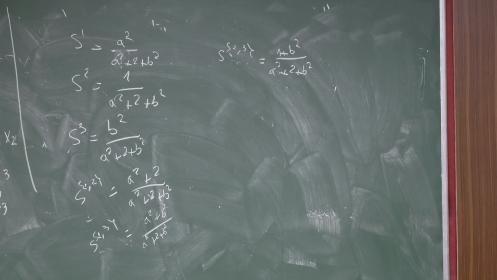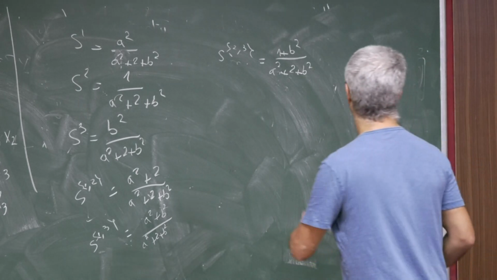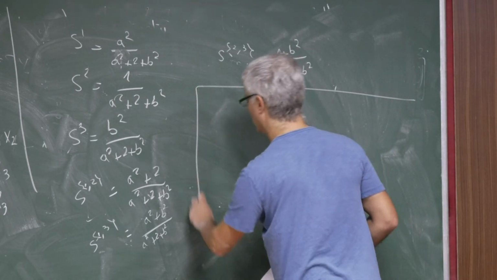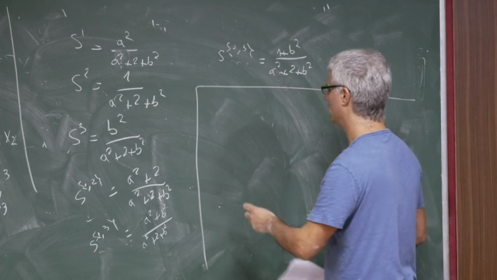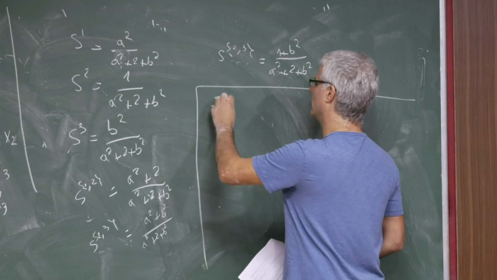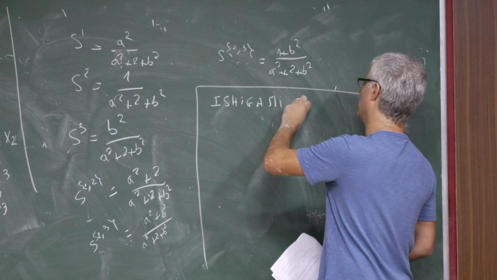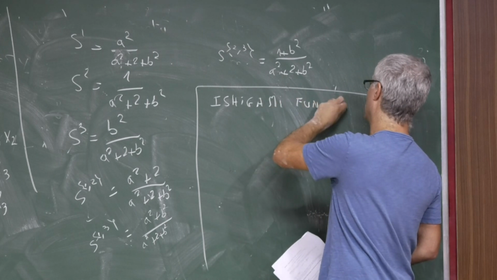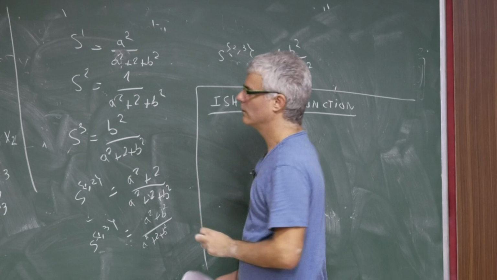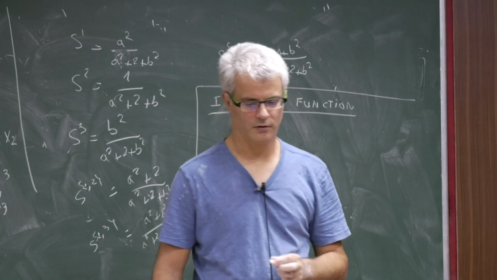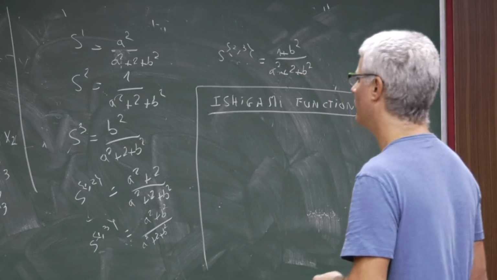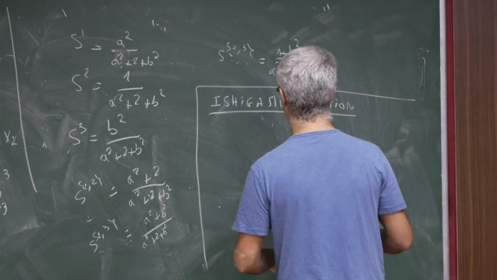Okay, we can do another more complicated example. There is a function that is called in the literature the Ishigami function.